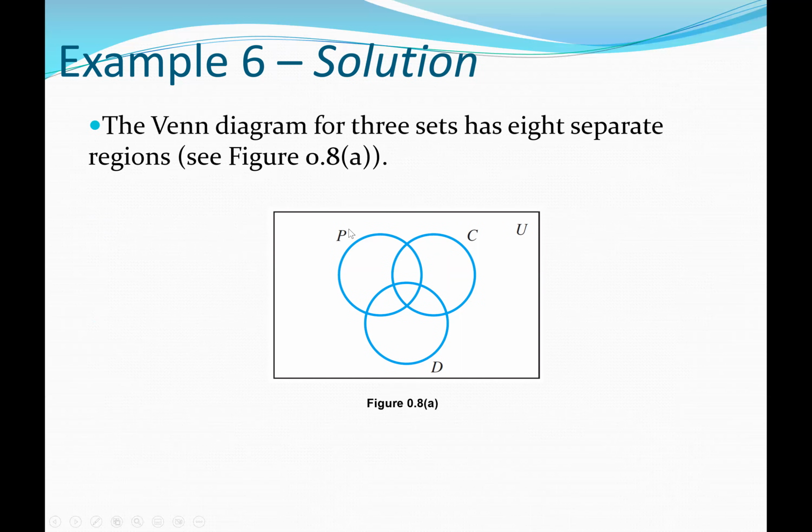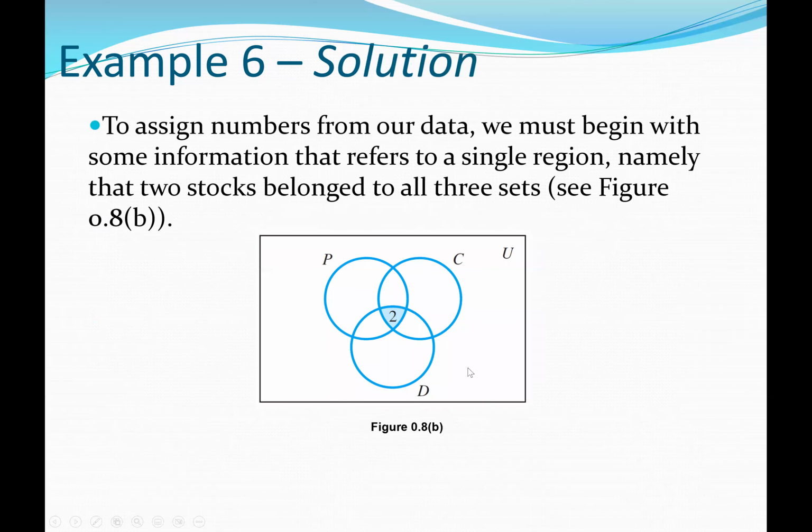First of all, we know we have 3 conditions, sets P, C, D. Then we have the universal set. Now, based on the question, the 2 here is in what? It's in set D, and also set C, and also set P. Because to assign the numbers from our data, we must begin with information that refers to a single region, namely the 2 stocks that belong to all the 3 sets.